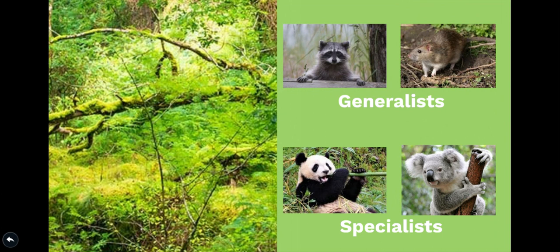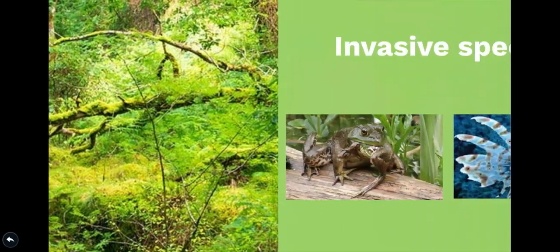So if there was no bamboo, which is unlikely, but it's possible bamboo could take a hit, then the panda would have very little to eat and it would die out as a species. Also bear in mind issues around the fact that pandas don't reproduce particularly quickly. They're quite specialist in that sense. And you have some problems with these specialist species as such.